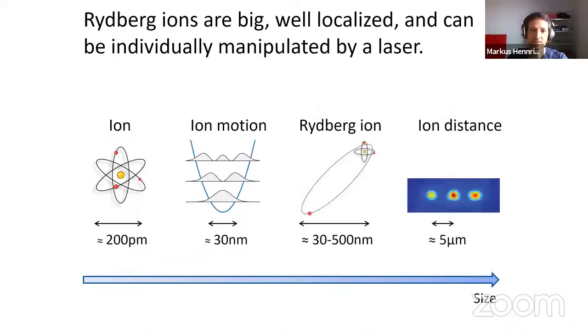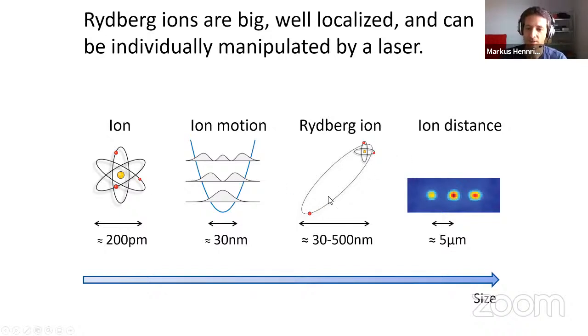Okay, how does a Rydberg ion compare with all the dimensions that you have there? Usually a ground state ion is very, very small, 200 picometers in diameter. The ion motion, the ground state wave packet, is typically on the order of 300 nanometers, so it's already much bigger than the size of a ground state ion.